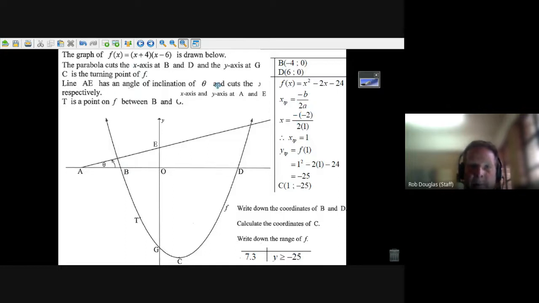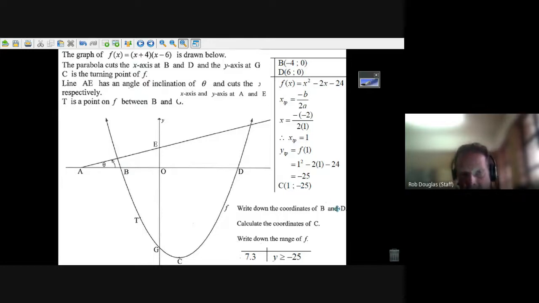Well, we multiply it out, put it in the form x squared minus 2x minus 24, minus minus b over 2 times 1. X is 1. There's the axis of symmetry, and it's the x coordinate of the turning point. To get the y coordinate, just put 1 back in here. 1 squared minus 2 times 1 minus 24. You get 1 and minus 25.